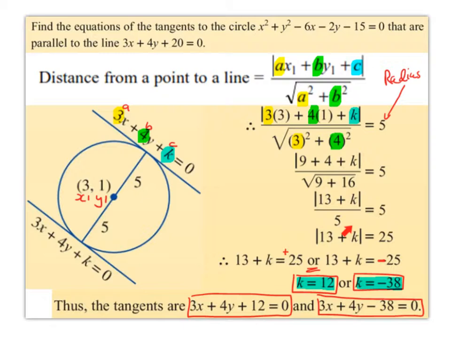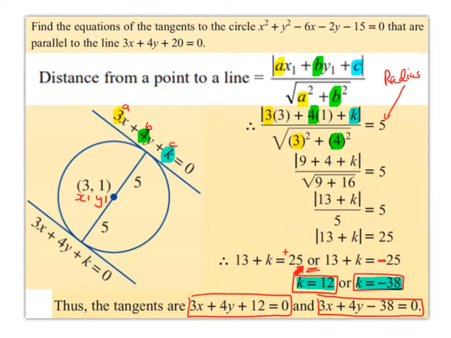And then multiplying both sides by 5 to get rid of the denominator 5 here, we get modulus of 13 plus k is equal to 5 times 5, which is 25. So we end up with 13 plus k is equal to positive 25, or 13 plus k is equal to minus 25, because the modulus breaks it up into two sums, one where we have plus 25, one where we have minus 25.